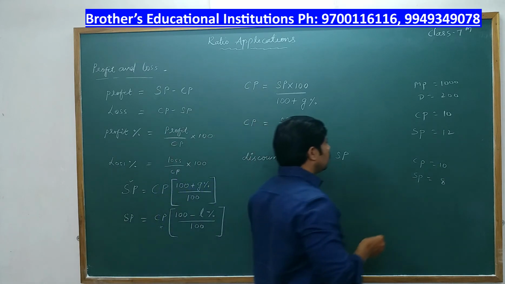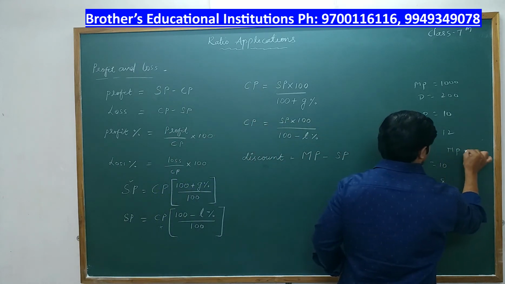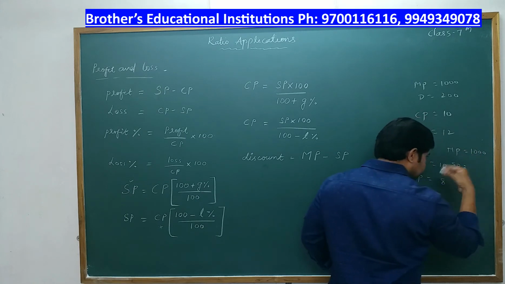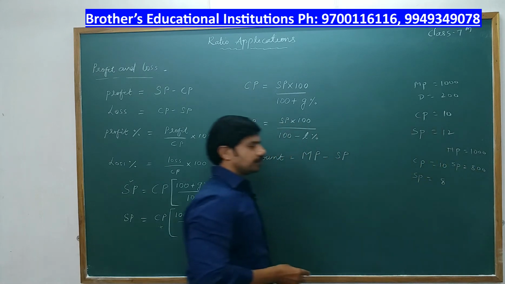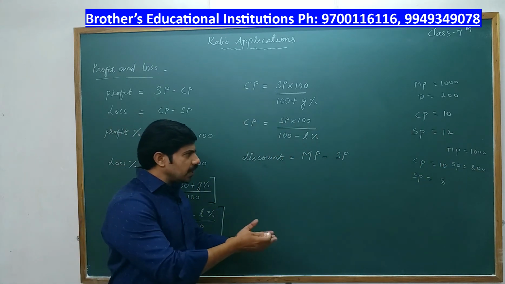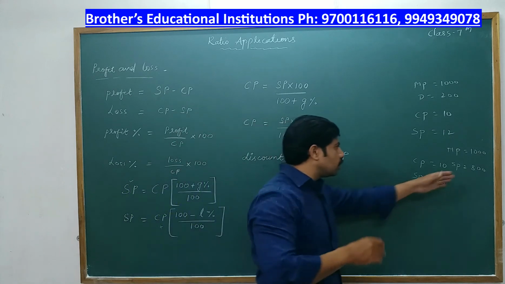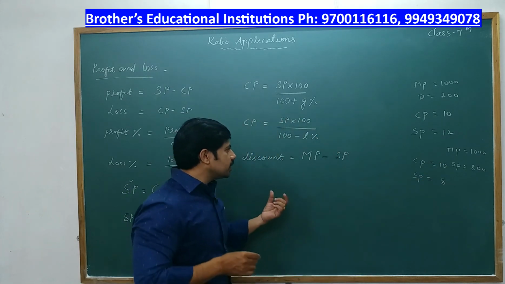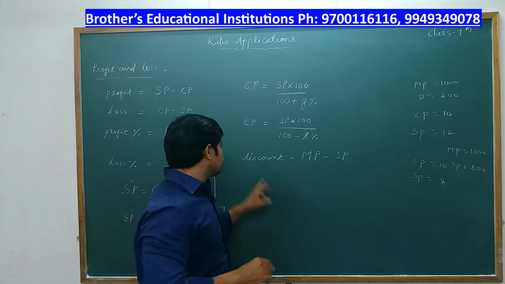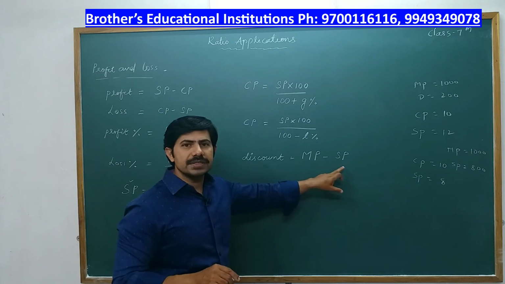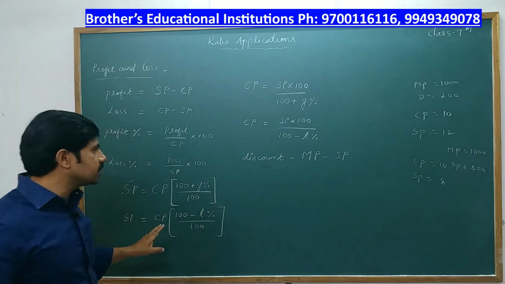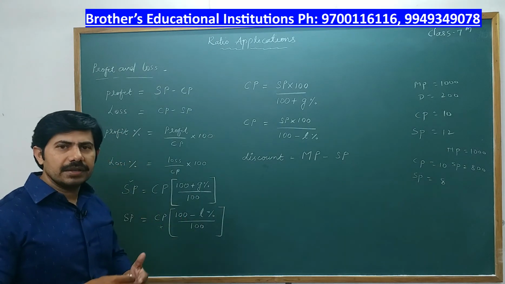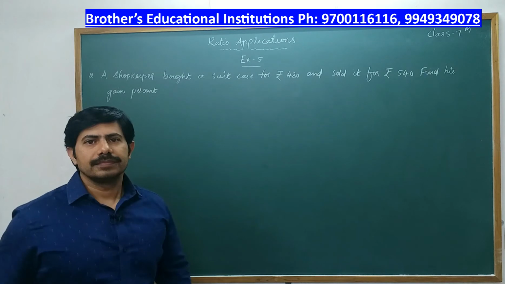Or another example: marked price is 1000 rupees and you paid him 800 rupees. So what is the discount? 200 rupees. So discount is equal to marked price minus selling price. Okay, these are very, very important formulas. Learn them by heart and then start the exercise.